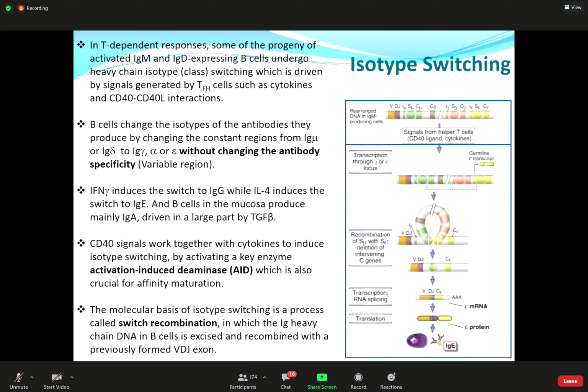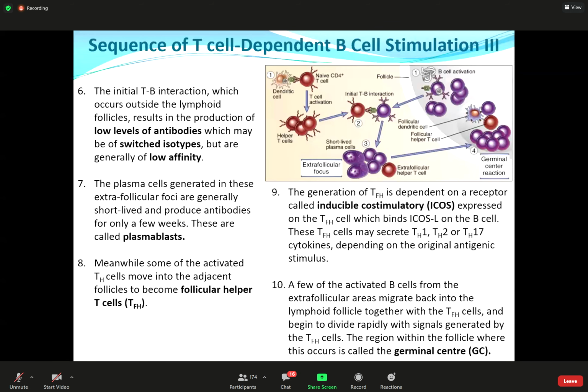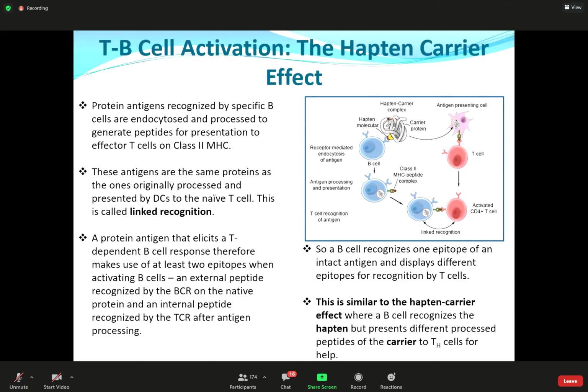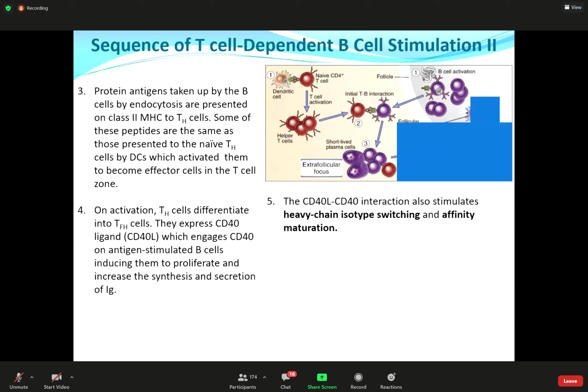One thing which I need to just expand on is this process whereby the T cell, which was induced by a particular epitope presented by the dendritic cell, is then presented with the same epitope by a B cell, even though this B cell recognized a different epitope on the same antigen.